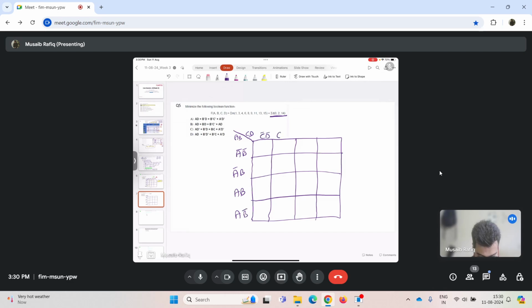C bar D bar, C bar D, C D, and C D bar. This is 0, 1, 3, 2, 4, 5, 7, 6, 8, 9, 11, 10, 12, 13, 15, 14.